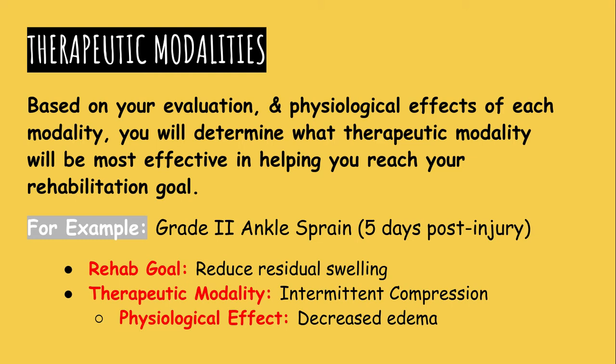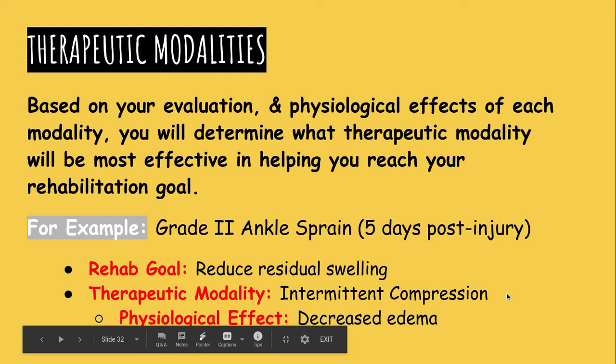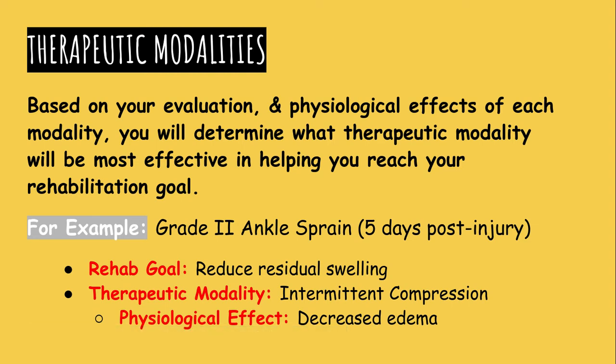You can use something like intermittent compression, which I'm not sure if anyone's ever seen. They make machines where it's kind of like a blood pressure cuff, if you can imagine it. The ones you see maybe at CVS or the pharmacy where you turn it on, or even the ones in my classroom, where it squeezes what it's around and then relaxes.